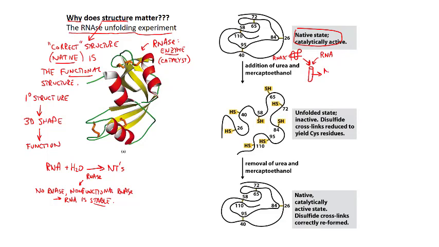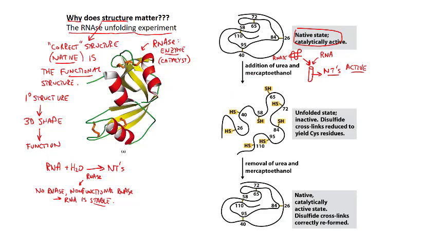And after sitting for a while, what they observed is they no longer had any RNA in the test tube. All they had were free nucleotides. So what that tells us is that our RNase was active, which is what you would expect because after all, that's RNase. That's what it does.